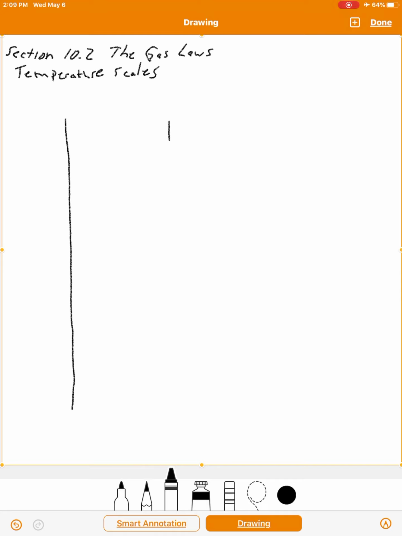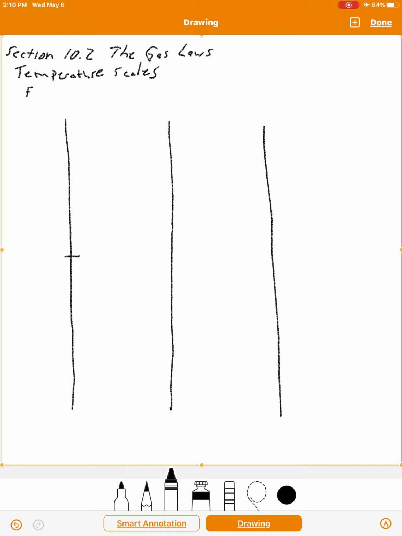So I'm going to draw three little scales here. The first one is called Fahrenheit. Now, I almost don't even want to talk about Fahrenheit because it's not a scale that we use in chemistry, but it is one that people are most familiar with because our temperature is generally given in Fahrenheit.